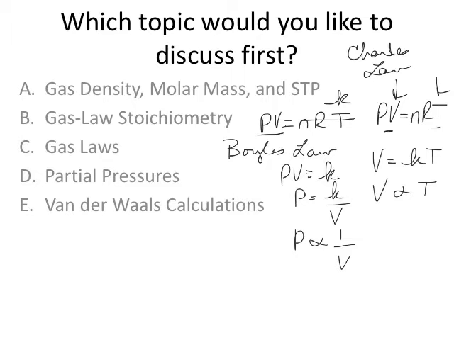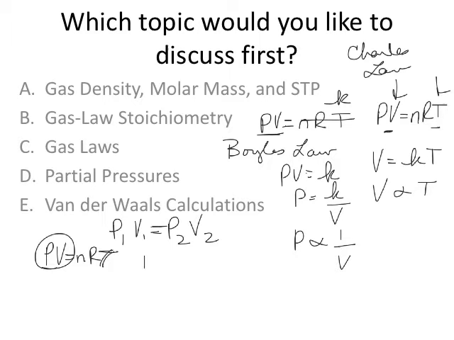The other thing is sometimes you will have to do different states, like P1 V1 equals P2 V2. So you have an initial pressure and initial volume, and you might have to solve for a later pressure, and this would be the equation. How would you get that from PV equals nRT? Well, here's the P and the V together, so you can just do P1 V1 equals P2 V2.